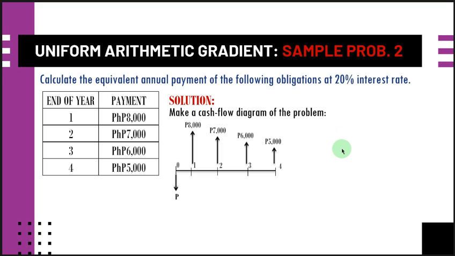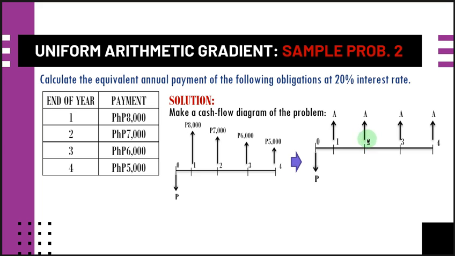So proceeding, we have this first cash flow diagram. We have the annuity A here, which in this case is equal to 8,000 until the second, third, and the final year, the fourth year. Since it is decreasing, 8,000 minus 7,000 is 1,000. So you can expect that during the first year for our arithmetic gradient, our G is equal to 0.